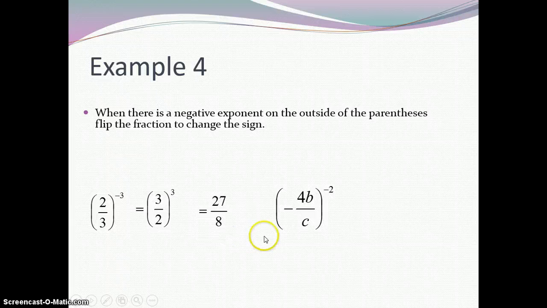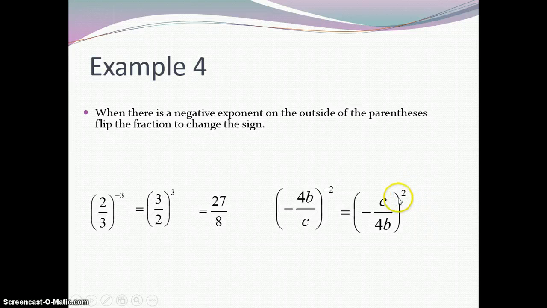And here's our second problem. Remember, we want to get rid of this negative in the exponent, so I'm going to flip this fraction. Remember, this has nothing to do with the sign of this answer. All right. So when I flip this, it's still negative for now. But when I square, so an even power, when I square a negative number, the result should be positive. So our answer we should know is positive.